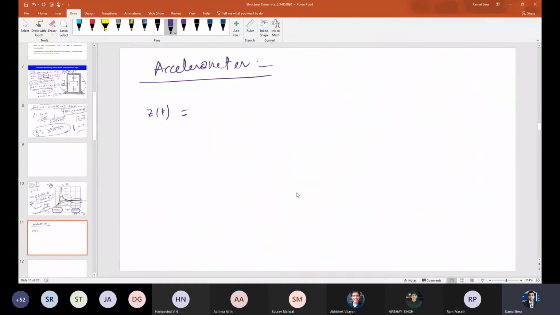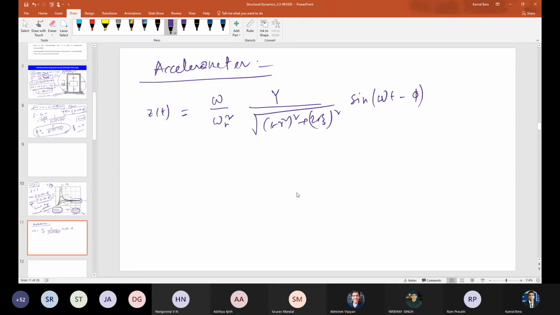Okay, so now I'll just write it in a different manner. So this is omega by omega n square, Y by root over of this thing, right? The magnification factor basically, times sin(omega t minus phi). Any problem with this expression? Same thing I have written, right? Y r square by this.